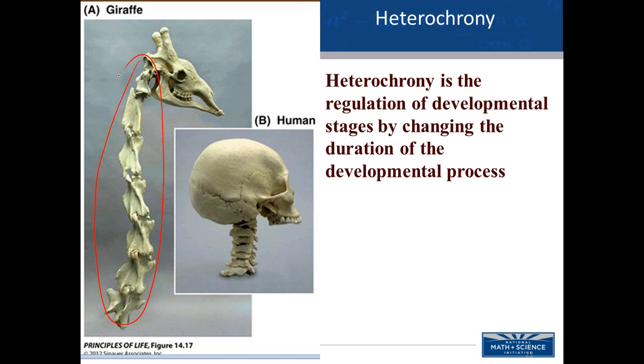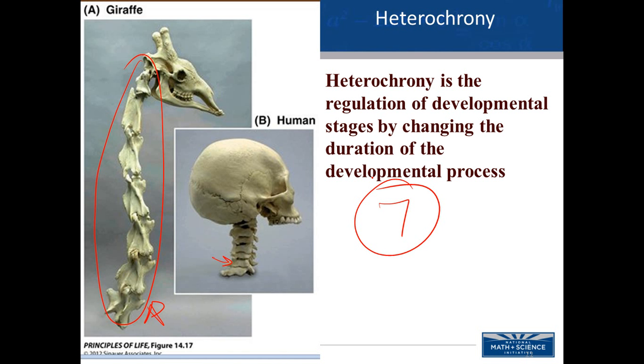You probably would hypothesize that if you counted the number of vertebrae in the neck of the human and the neck of the giraffe, there has to be a lot more vertebrae in the neck of the giraffe than in the neck of the human. But lo and behold, both of them have 7 vertebrae in the cervical region of their backbone.